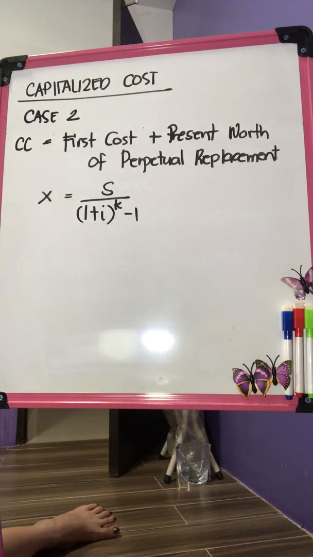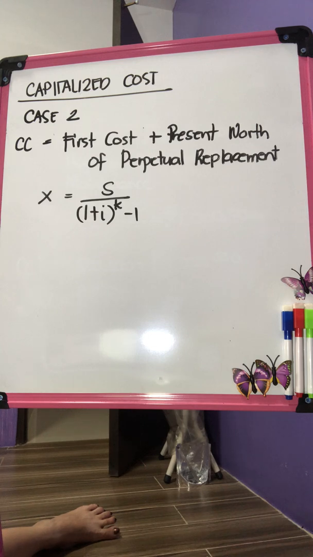So for example, ang machine is worth, let's say, 100,000. Tapos meron tayong i-consider dito na salvage value. Halimbawa, ang salvage value niya ay 20,000 na lang after, let's say, ang k natin is 10 years.